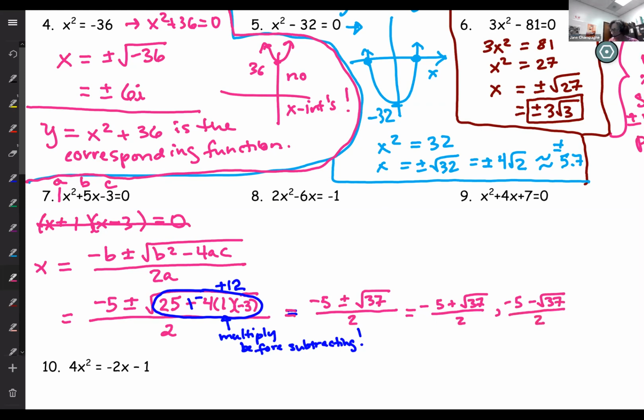And then if you wanted to approximate them, if they ask you to give them as approximations, you would do the negative 5 plus root 37, hit enter, and then divide by 2. That would give you approximately 0.541.